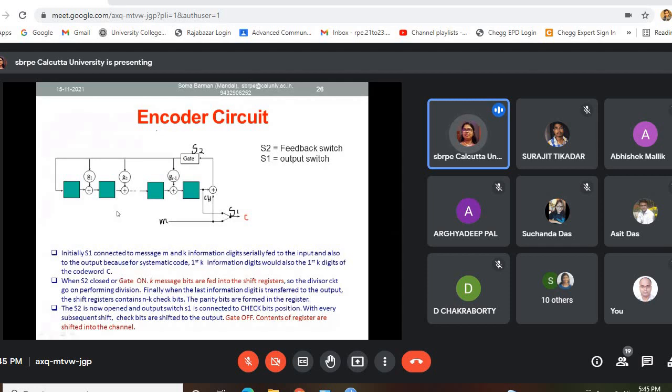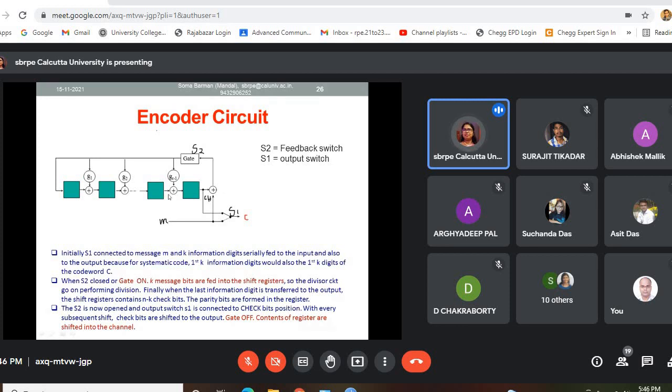That means the remainder portion is generated by the dividing circuit through the feedback connection, so the generator polynomial is fed back to the shift register and modulo 2 added. Why modulo 2? Because b(x) is added with x to the power n minus k times u(x).